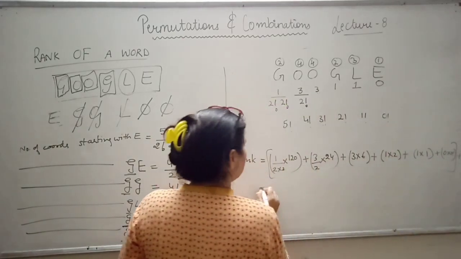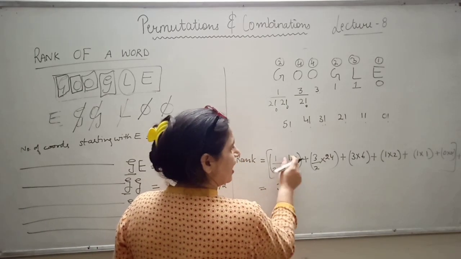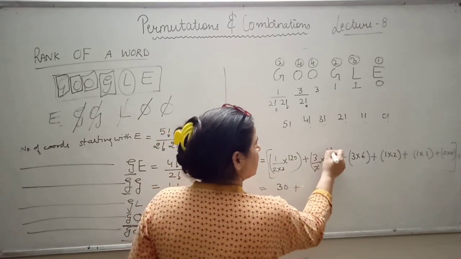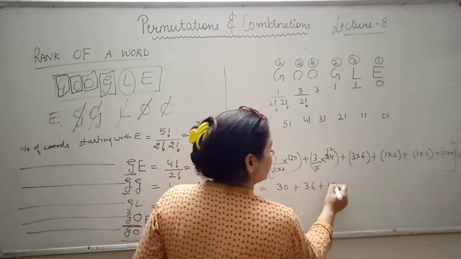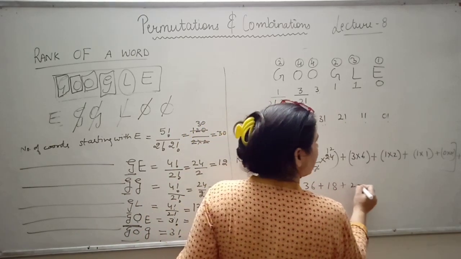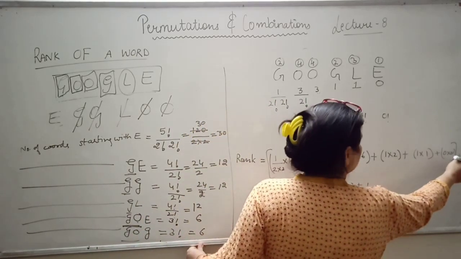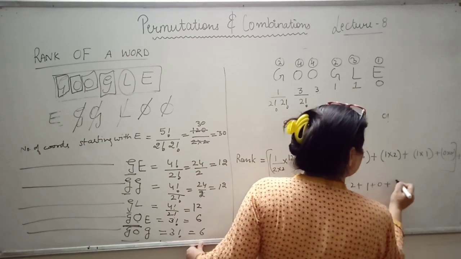Okay, so this is 30. If you cancel, this is 12, 3 3s are 36, plus 18, plus 2, plus this 1 and then plus this 0, then plus this 1.